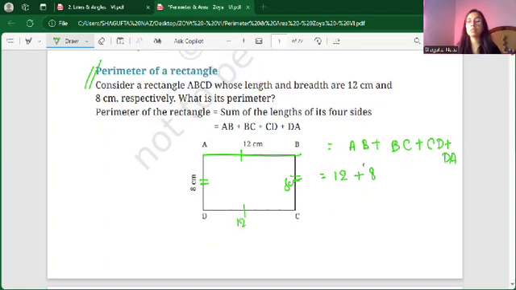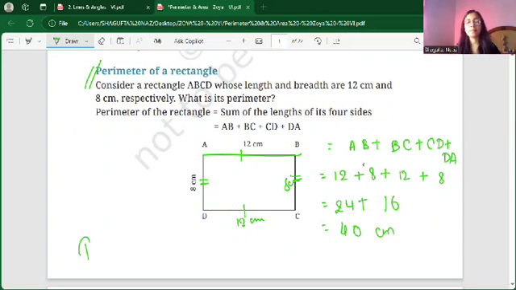And here 12 centimeter for DC. Again CD is 12 centimeter and DA is again 8 centimeter. So 12 plus 8 is 20, 20 plus 12 is 32, 32 plus 8 is 40.